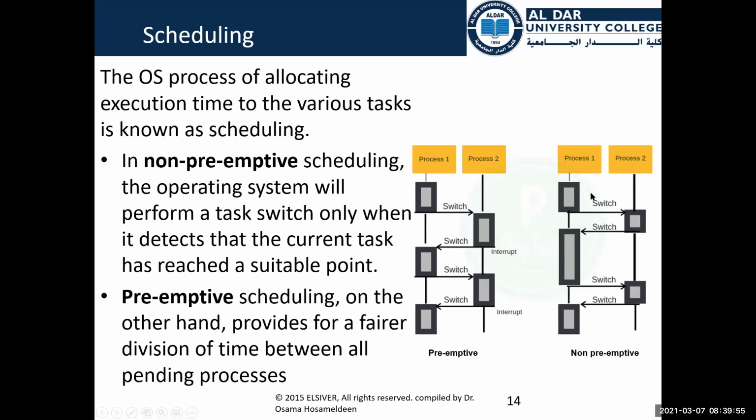The CPU is handling this task, and after finishing it, it moves to another task. Sorry, it's the same task. I'm sorry, this is process 1. So it gives a specific time to process 1, and then gives another time to process 2, and gives another time to process 1 again, and so on.